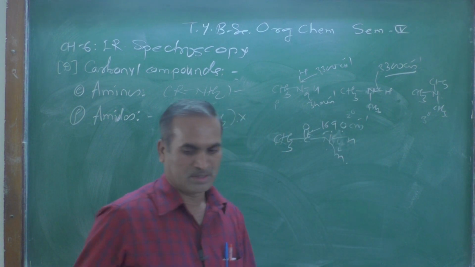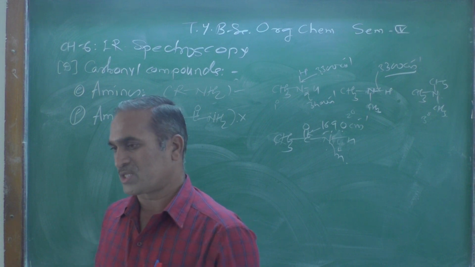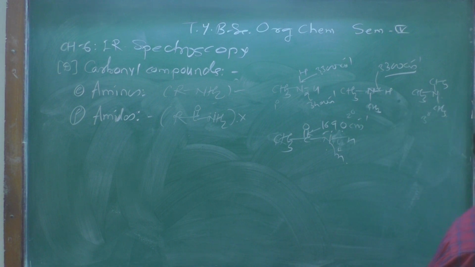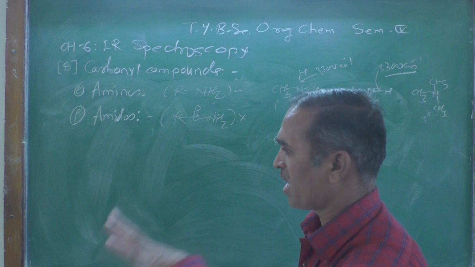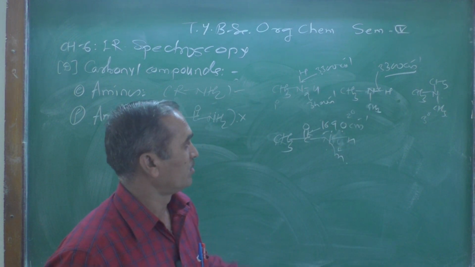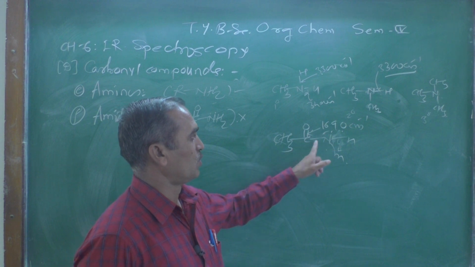The carbonyl frequency generally appears around 1710 to 1715 per centimeter, which is characteristic of a carbonyl compound, but here it is slightly lower. Why is this one lower?